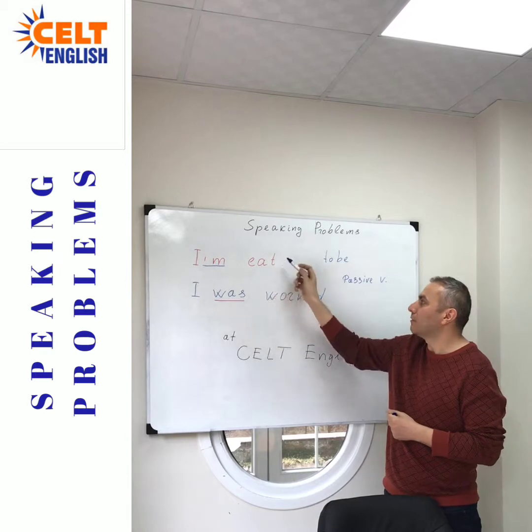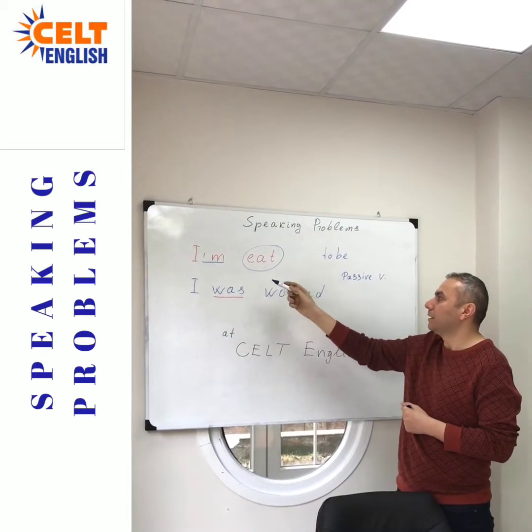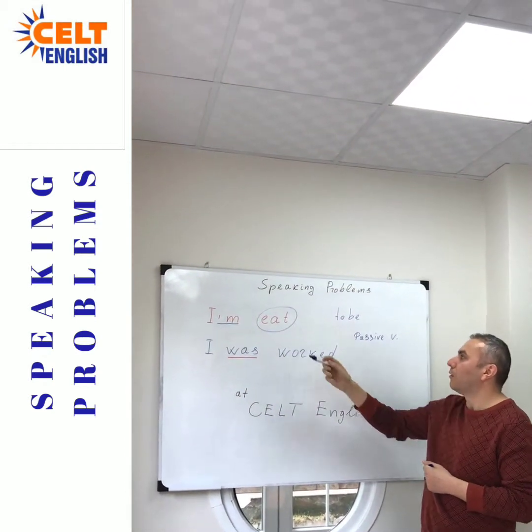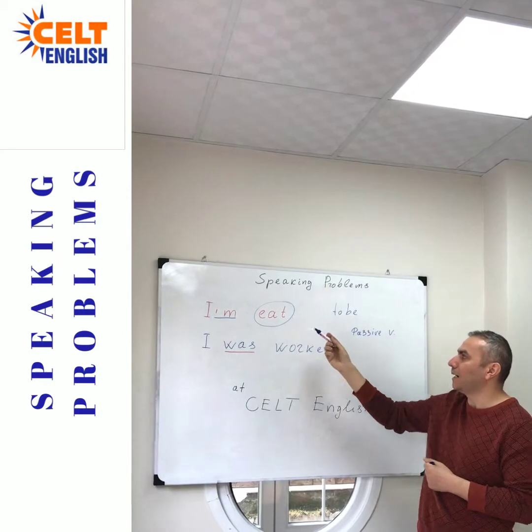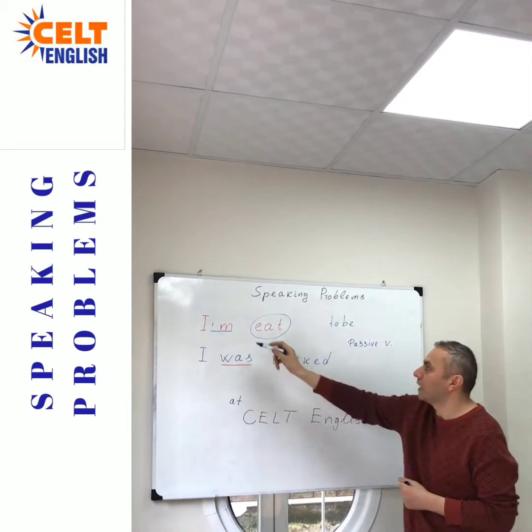So usually when there is a main verb that does not require any tense version like I am eating or I was working, or any passive voice, they automatically don't think about it and they add "am" here, which is not necessary at all.